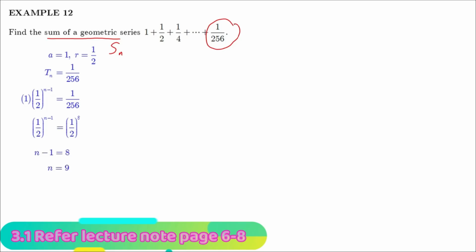Now we know that the last term is the 9th. Then we can find the sum of the first 9 terms of this geometric series. To do that, we use the formula for Sn for r less than 1, and substitute A, r, and n to get 511 over 256. And we're done.